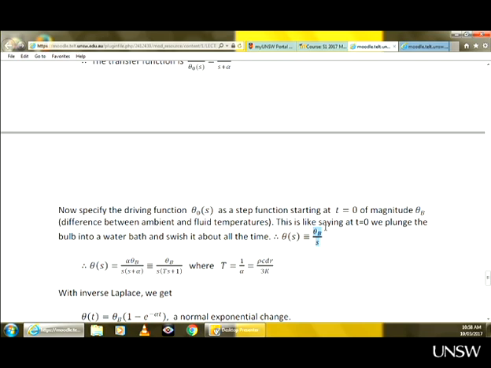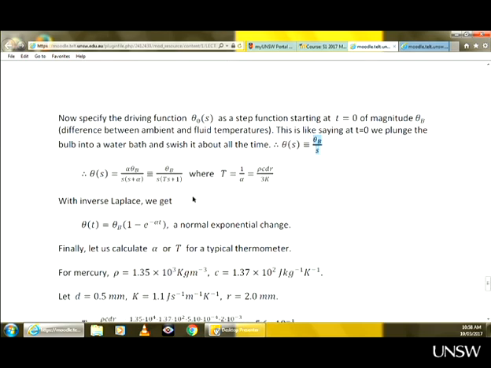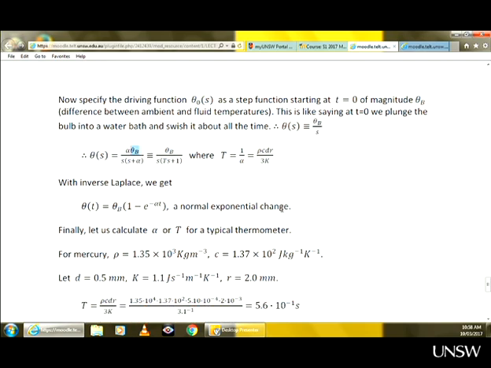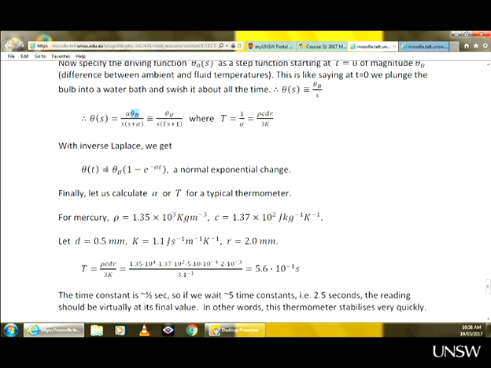Okay. The rest is the same. You multiply the transfer function with the input. Therefore, you have S here, but you also have theta b up here, the magnitude of the step. Find the inverse Laplace transform. And again, you have a very similar exponential function for your output, apart from this theta b, because your input is not a unit step.